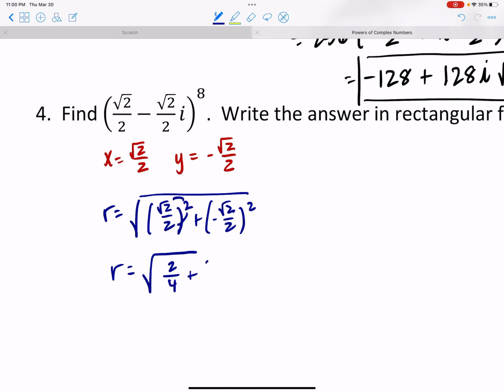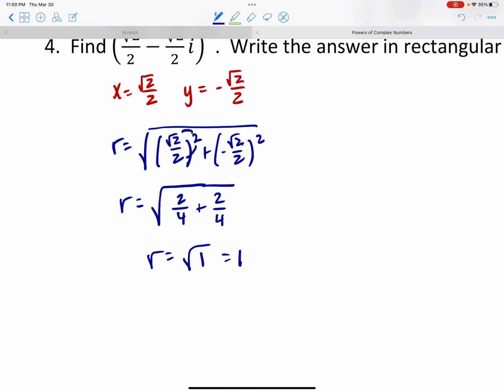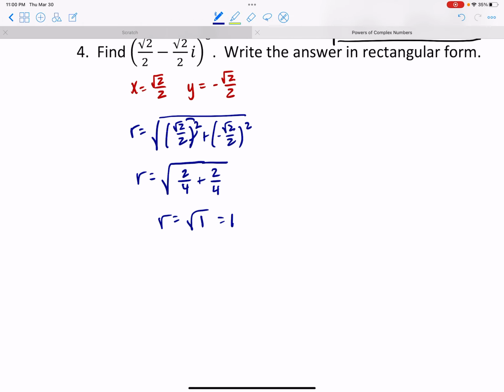I'm going to get the same thing there, 2/4 and 2/4. Well, that's going to make 4/4, which is 1, and the square root of 1 is 1. So we're looking at a radius length of 1, and our angle is going to be the inverse tangent of that y value, negative radical 2 over 2, divided by that x value, radical 2 over 2.